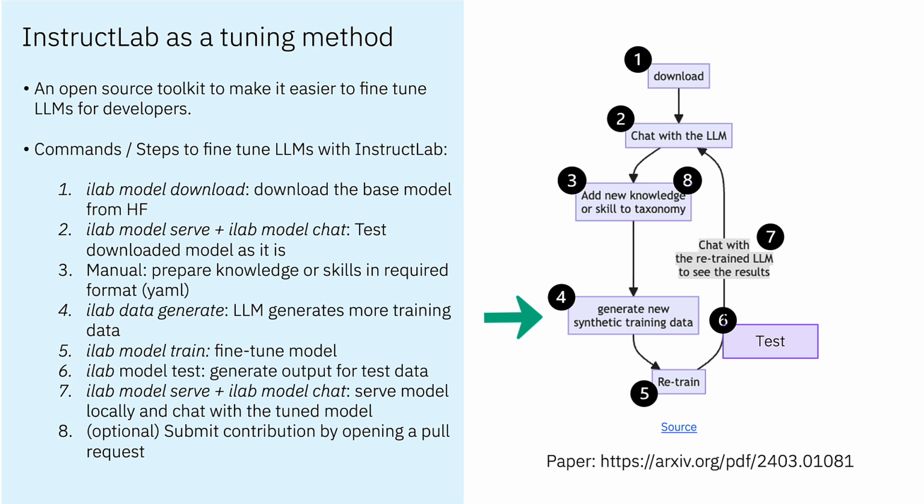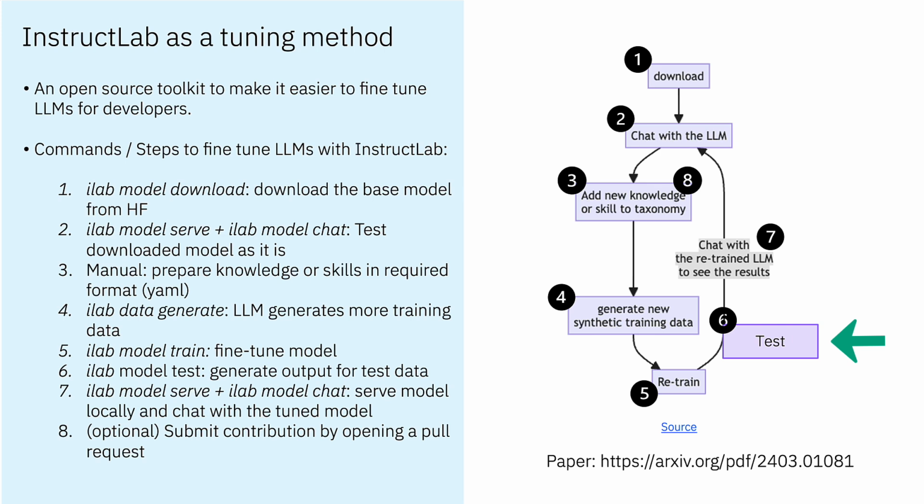However, it's always a good idea to manually review the generated data to further enhance quality and build trust in the generation process. Step 5, we will fine-tune the model using the large language model generated training data.